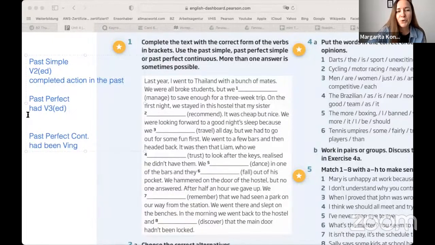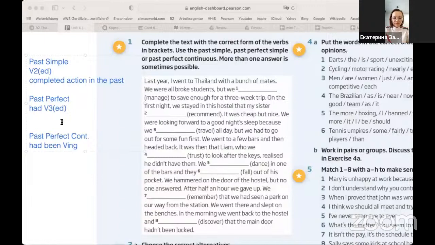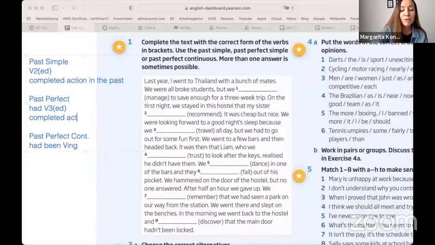How about past perfect? When did past perfect happen? One completed action before another action. Before past simple, usually. You are right to say completed action before past simple.